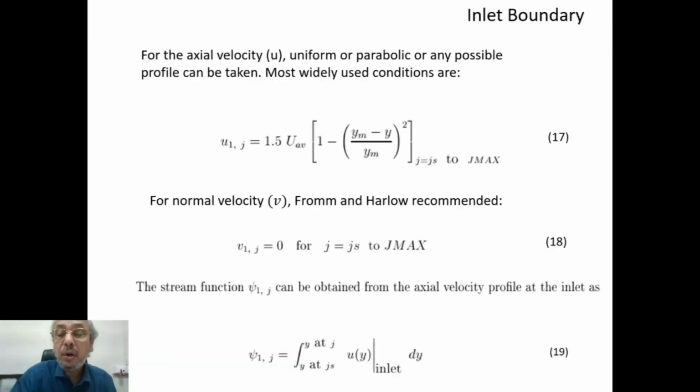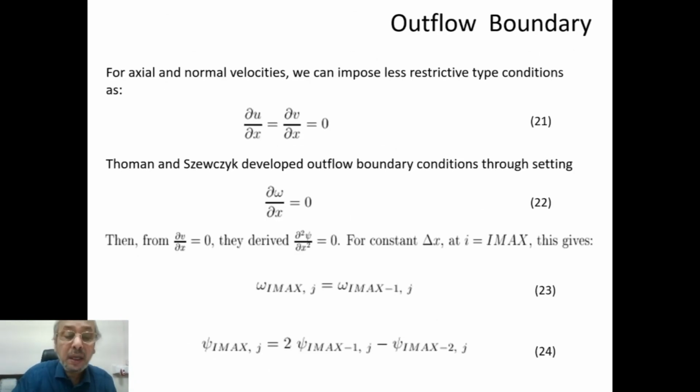So psi I max, j is the varying parameter, so psi I max equal to twice psi I max minus 1 minus psi I max minus 2.